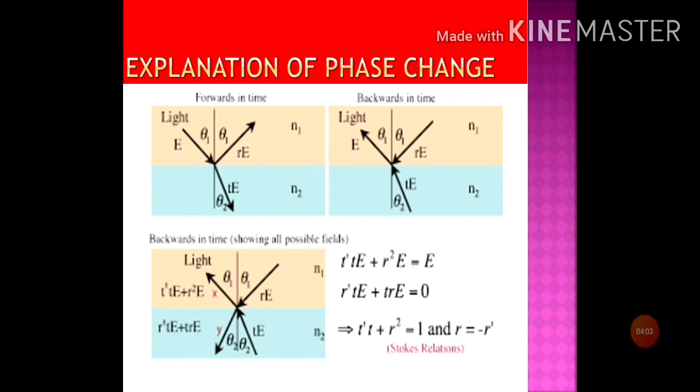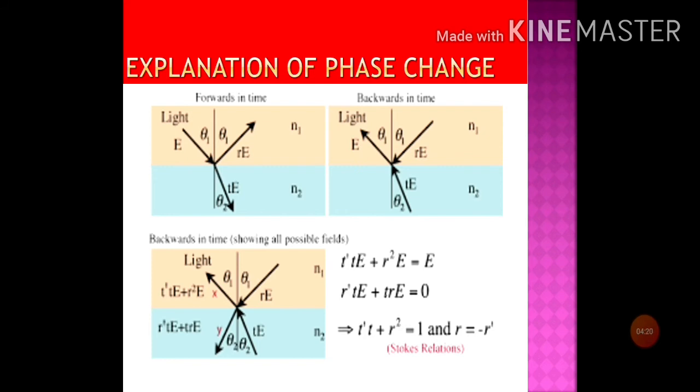Now look at the second picture. In this I have used RE as the incident ray. So after reflection it will go in the direction of E, and after refraction it will go to medium number 2.